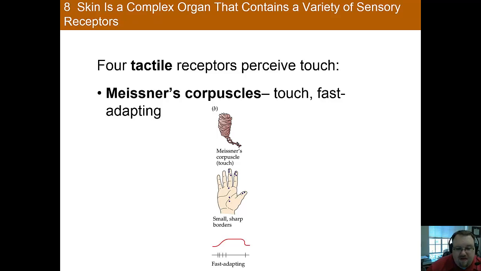However, since they're fast adapting, they're actually better for detecting changes. So you'll remember the Merkel's disks are slow adapting, so they don't ignore stimulation that is just the same and unchanging, whereas these are fast adapting, so they ignore things that stay static, which makes them more sensitive to change.